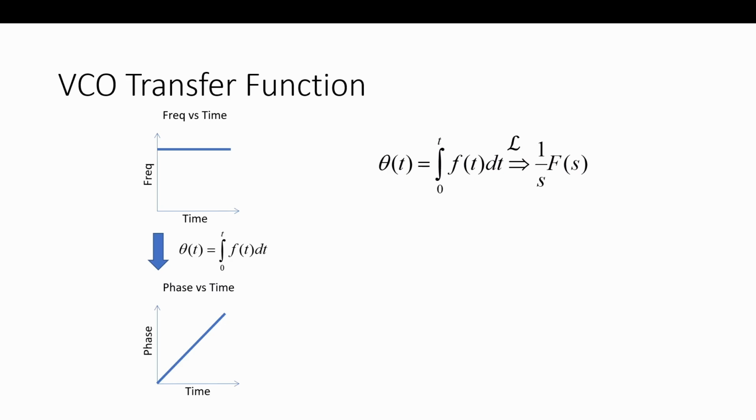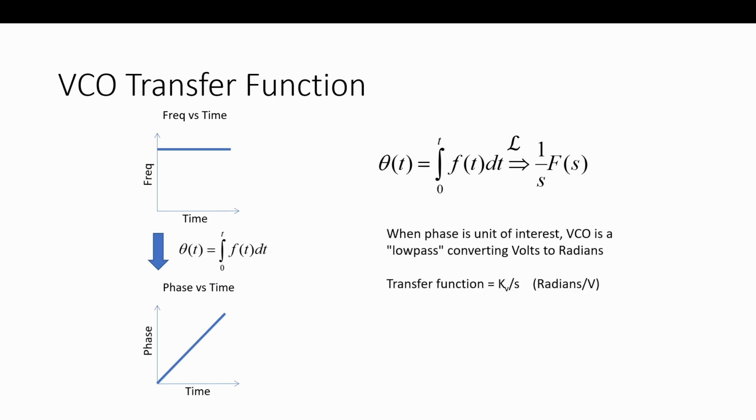So we're going to be making this loop model. If it's an analog loop, we're going to create this transfer function, that's that h of s function. It's a function in Laplace, and we're going to be doing that. So this component, where it was just kV before, if we said, no, we're interested in phase versus time, not frequency, because our detector, our discriminator, is going to be a phase detector.